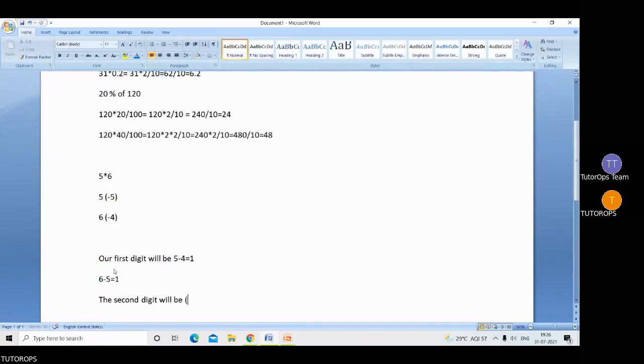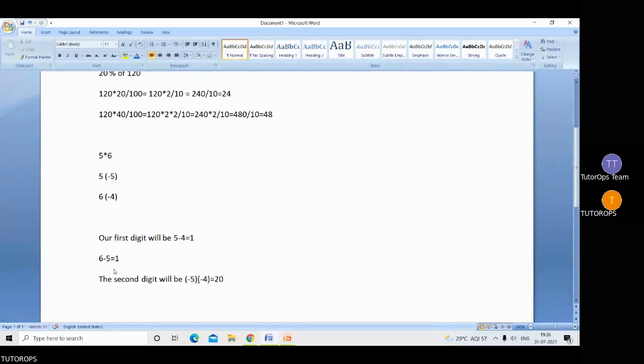here I need to multiply with proper sign. So here the sign is actually required. So minus 5 into minus 4 will result in plus 20. Now, as we know, multiplication of two one digit numbers can only contain two digits at max, because the maximum is 9 into 9, that will be 81.